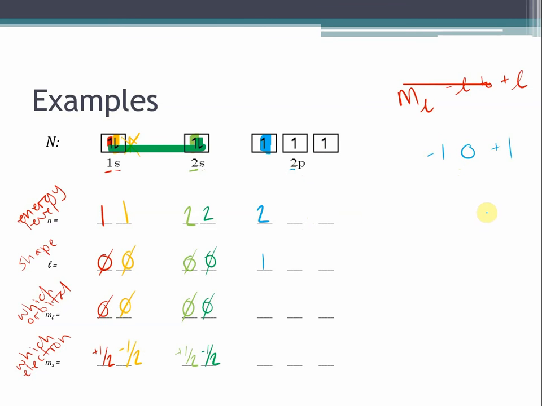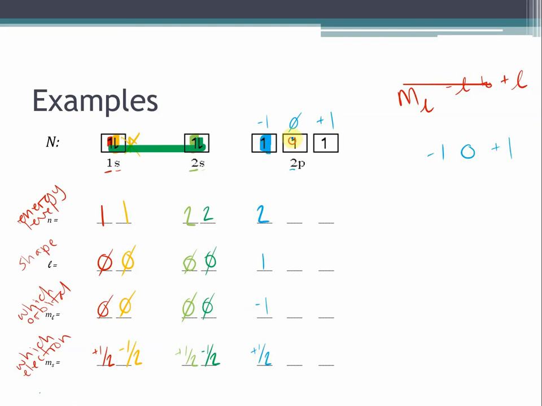So we just number those orbitals, these three things. You can put 0 in the middle, negative 1 to the left, positive 1 to the right. So this electron here is in the negative 1 orbital, and it is pointed up, so it's going to have a positive 1/2 spin. That's electron number 5. Let's look at electron number 6.